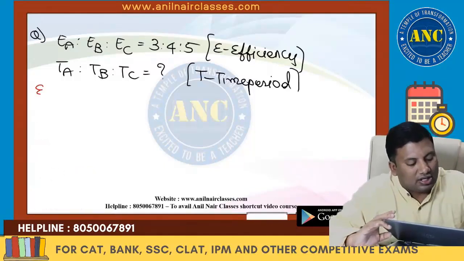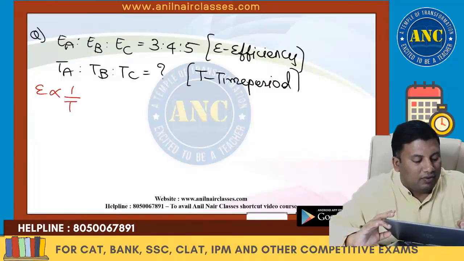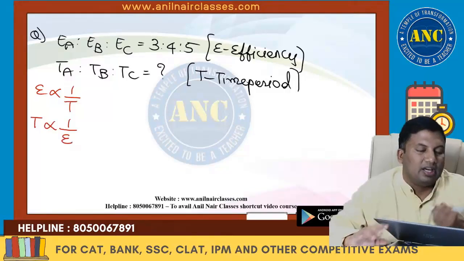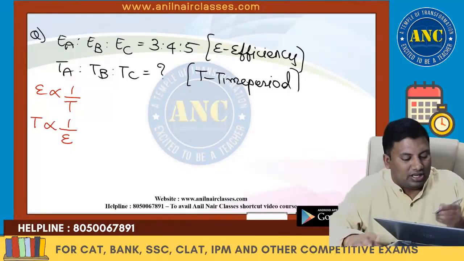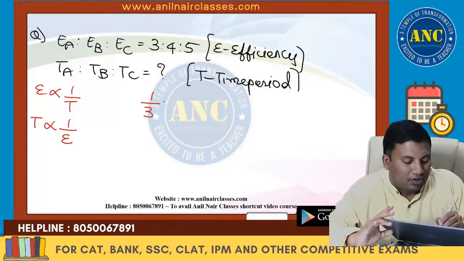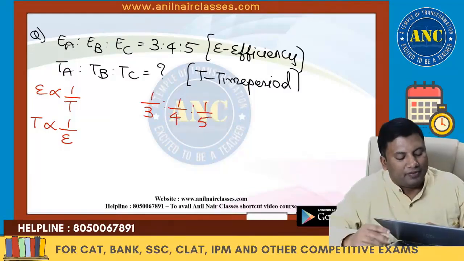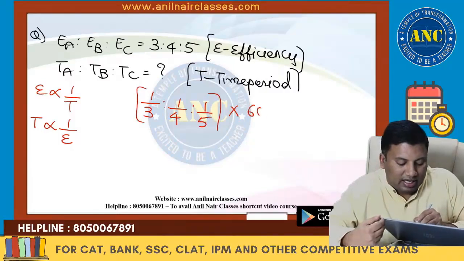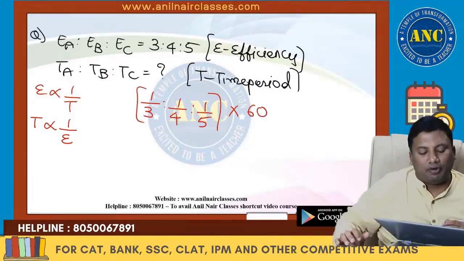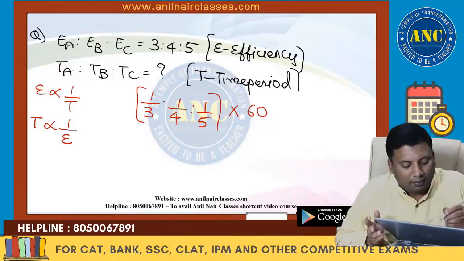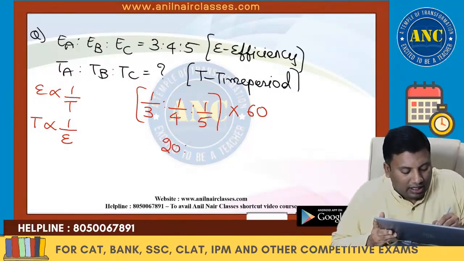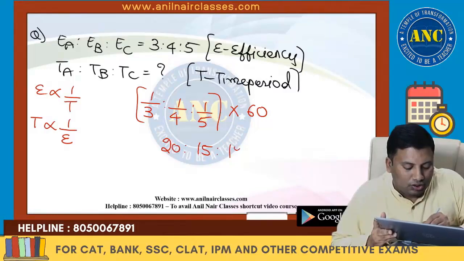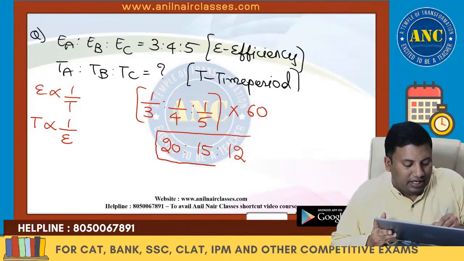Efficiency ratio is 3:4:5. Efficiency and time are inversely proportional to each other. Once time and efficiency reverse, the values change. So this will become 1/3:1/4:1/5. Convert into integral values. Take the LCM of 3, 4, 5, which is 60. Multiply by 60, so 20:15:12.